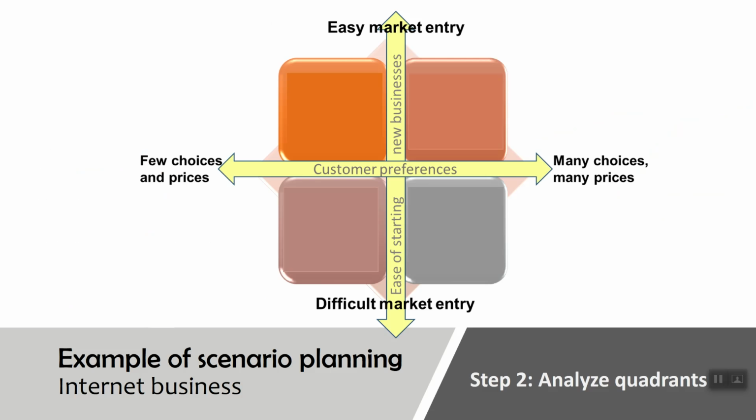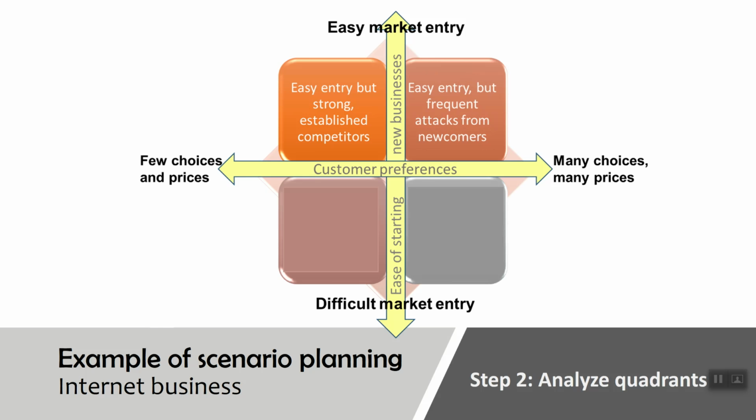Once you have identified the dimensions, you analyze the four quadrants. In this case, the first one is easy entry, but strong established competitors. That's when you have an easy market entry, but there are few choices in prices that customers prefer.